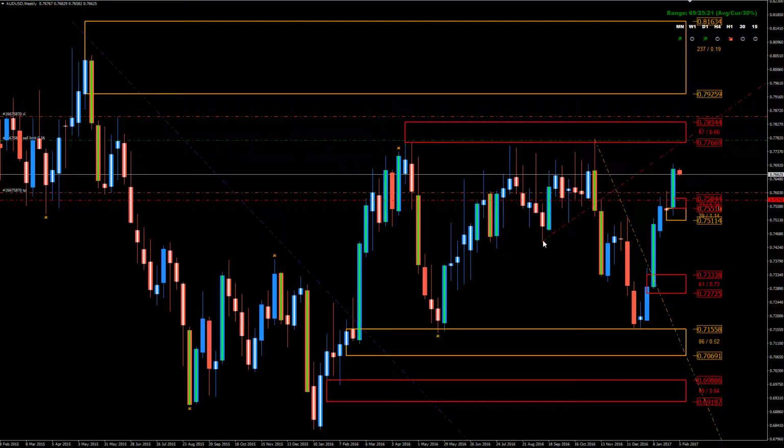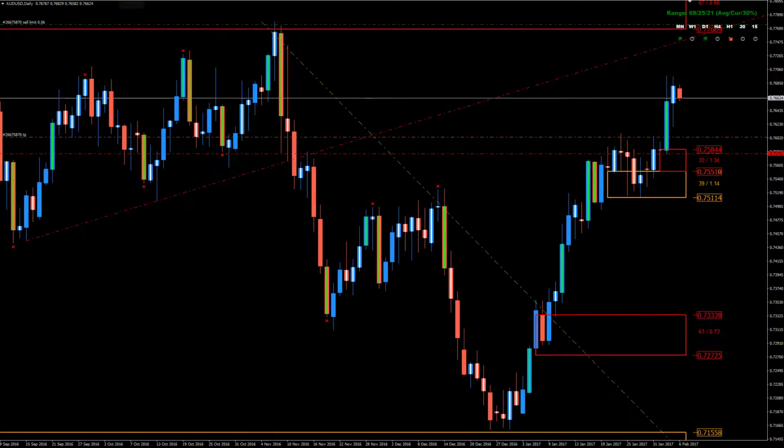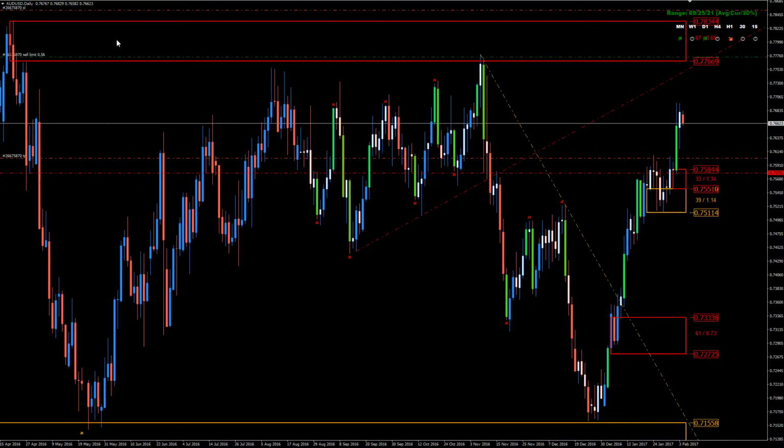Then on the daily chart, let me adjust this so it sits a bit clearer. On the daily chart we have this trend line break, a daily trend line break at supply. So a low, a high, a low, and price moved up to a higher high.